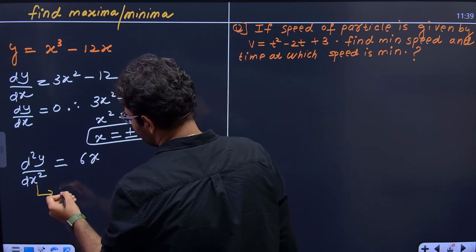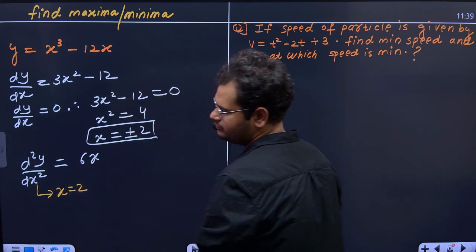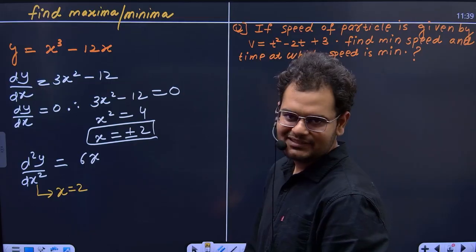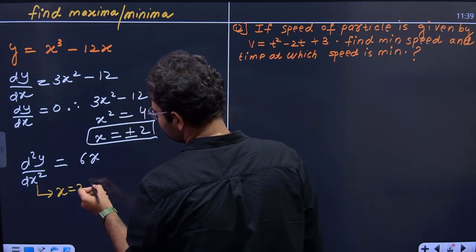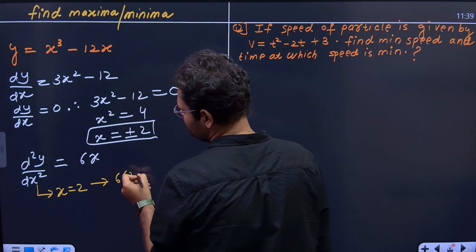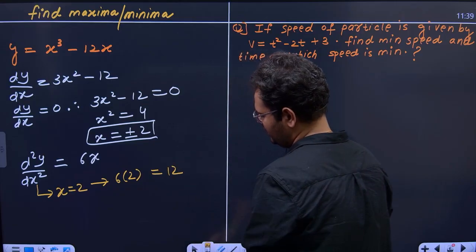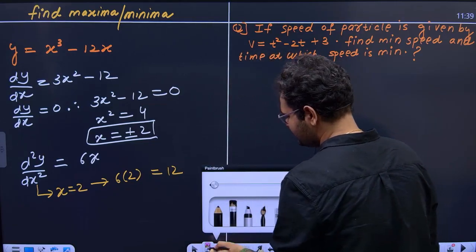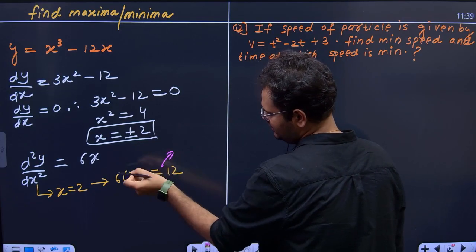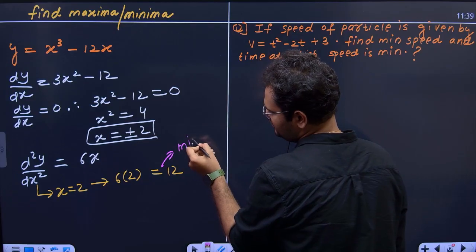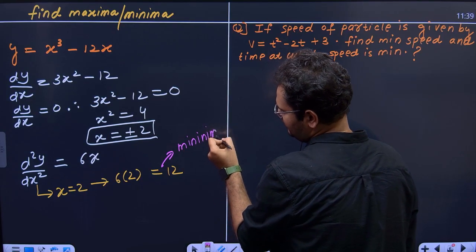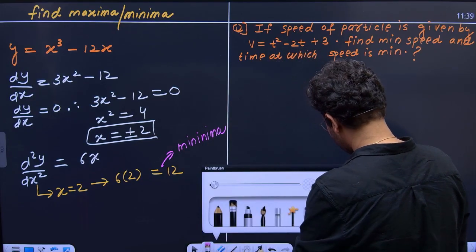First, you substitute x is equal to 2. Let us check what is happening at x is equal to 2. So sir, if we substitute x is equal to 2, what do we get? 6 into 2, which is equal to 12. Yes sir, 12 we are getting. That means this is maxima or minima? 100%, if it is positive, that means it is minima. Are you getting what I am trying to say?